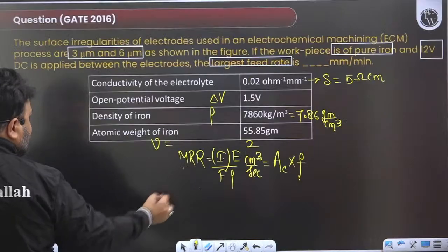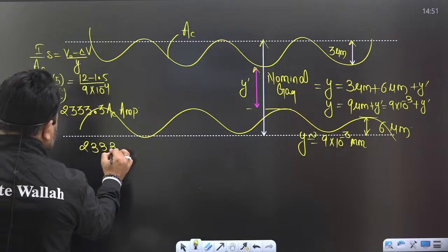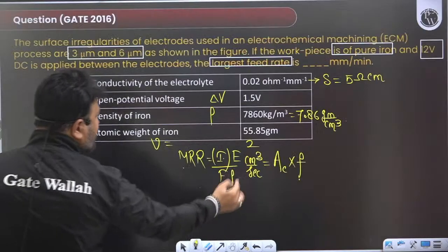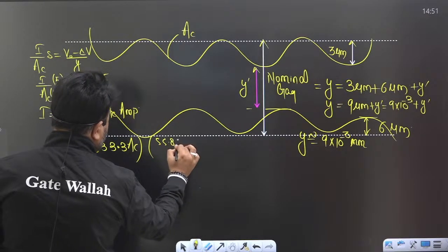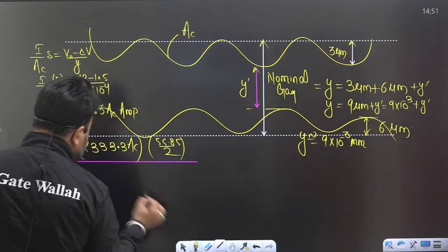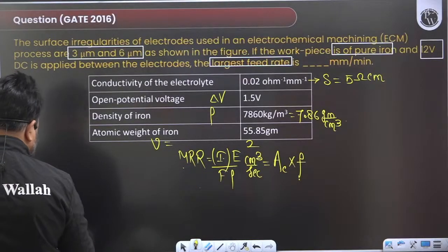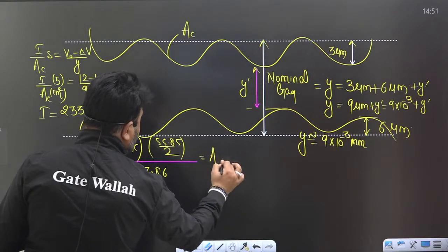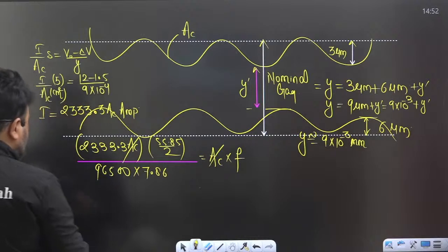Now here MRR is what? I, that is 2333.3 AC. This is I. And E is the atomic weight 55.85 divided by 2, divided by the Faraday constant 96500. Density is 7.86, cross-sectional area into feed. Here the cross-sectional area will cancel out.